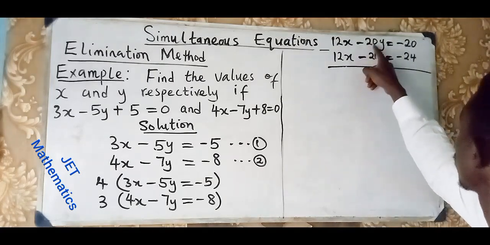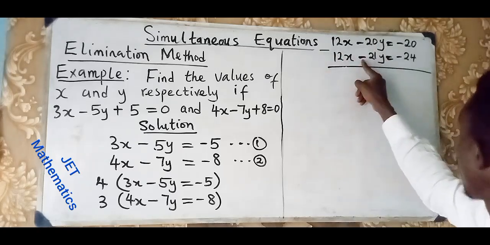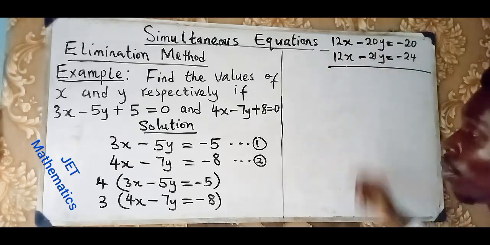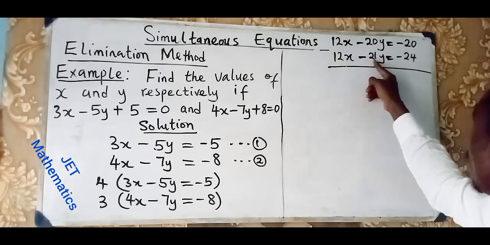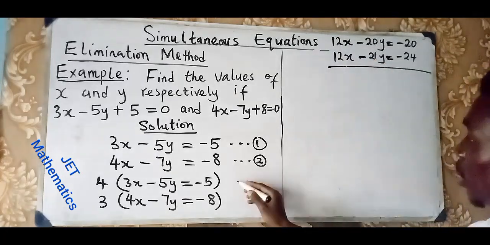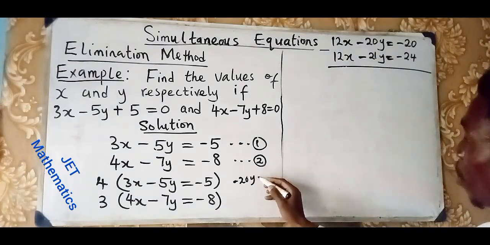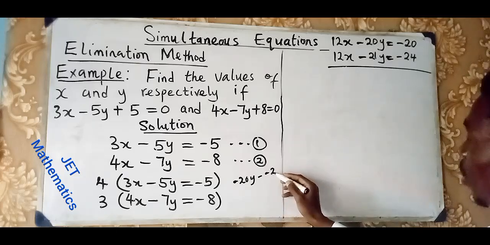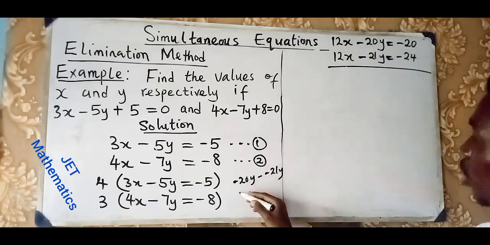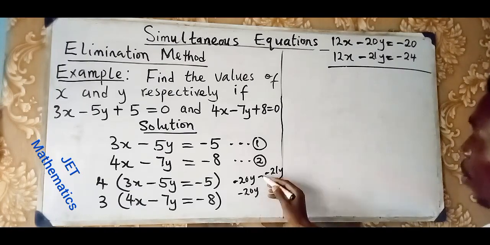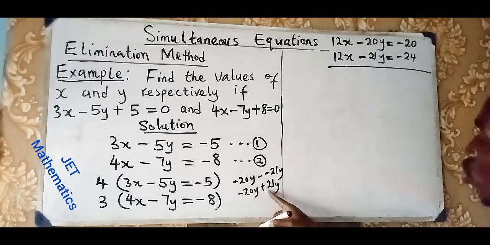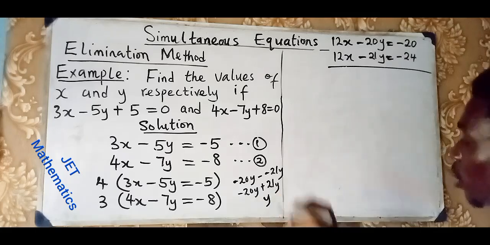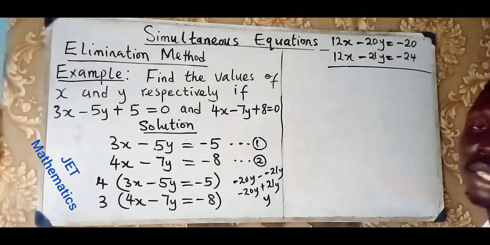And now we have minus 20y minus 21y, so minus 20y minus minus 21y. Minus makes plus, so minus 20y plus 21y gives us 1y, which we just write as y.